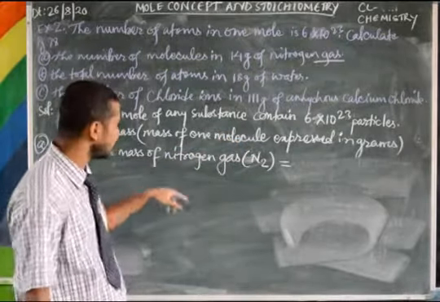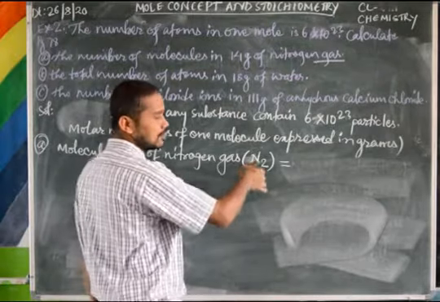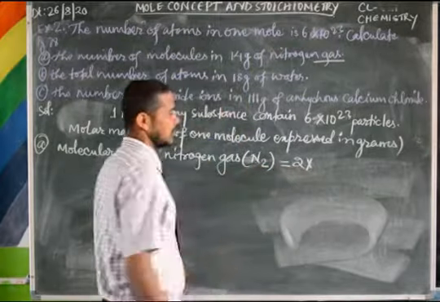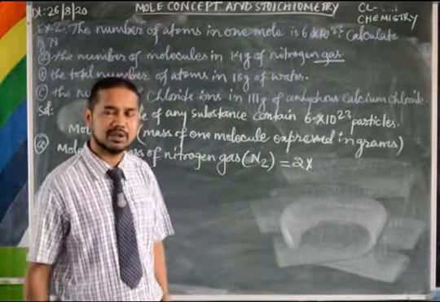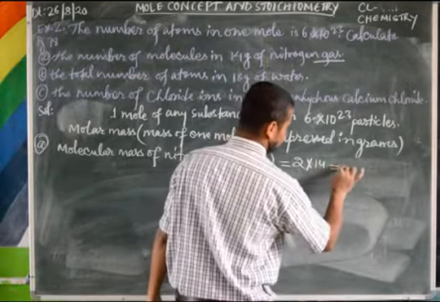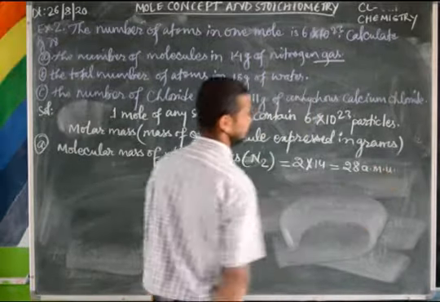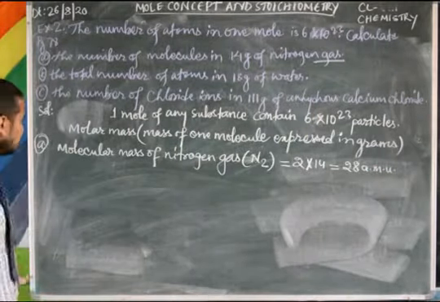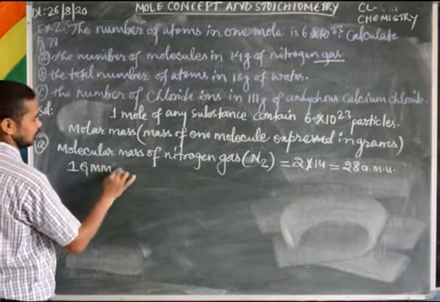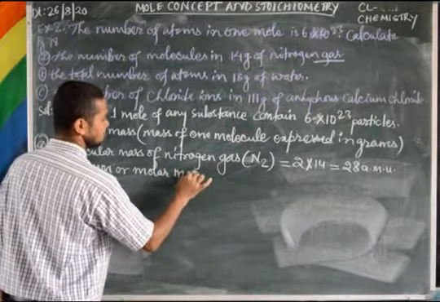Then find the molecular mass, which is the number of atoms present in the molecule times the atomic mass. So 2 into atomic mass of nitrogen. What is the atomic mass of nitrogen? 14. 2 into 14 is 28 AMU.